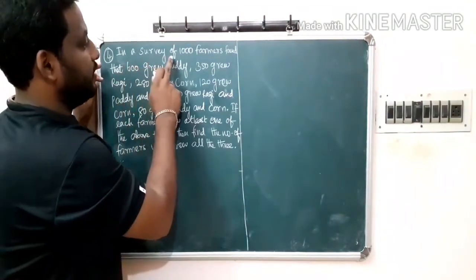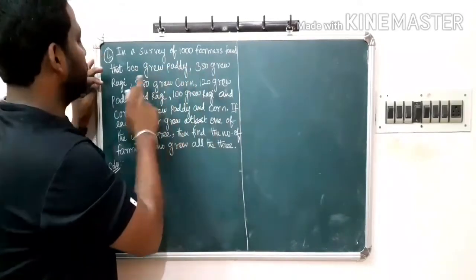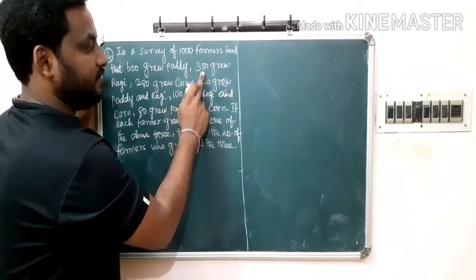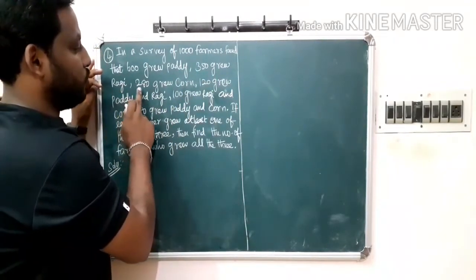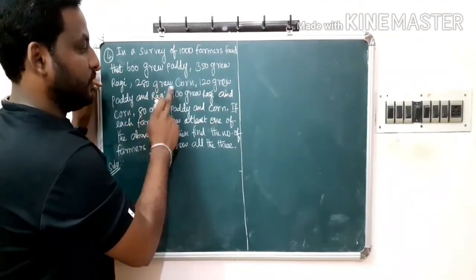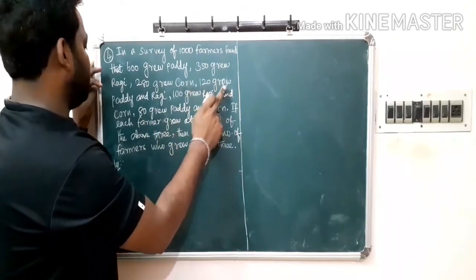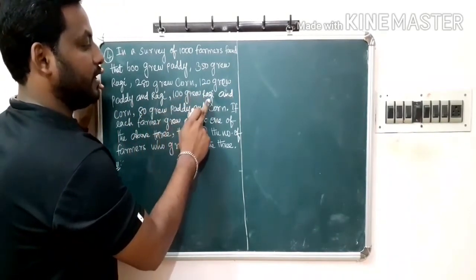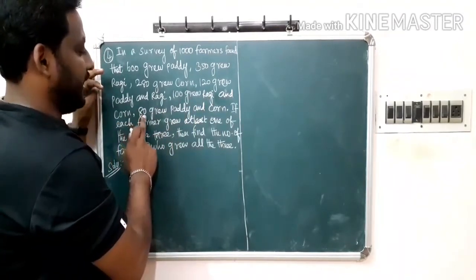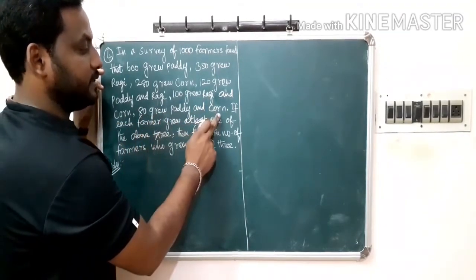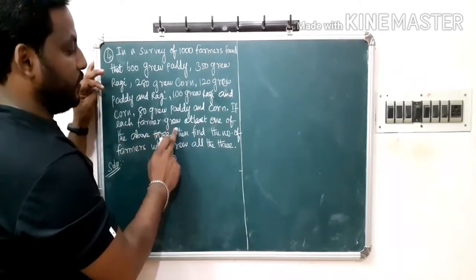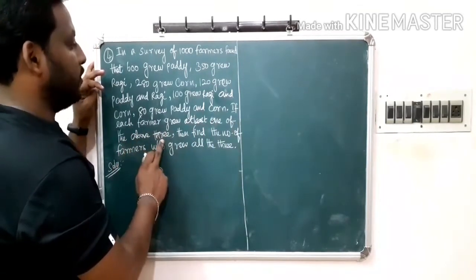In a survey of 1000 farmers, it was found that 600 grow paddy, 350 grow ragi, 280 grow corn, 120 grow paddy and ragi, 100 farmers grow ragi and corn, and 80 farmers grow paddy and corn. If each farmer grows at least one of the above three.